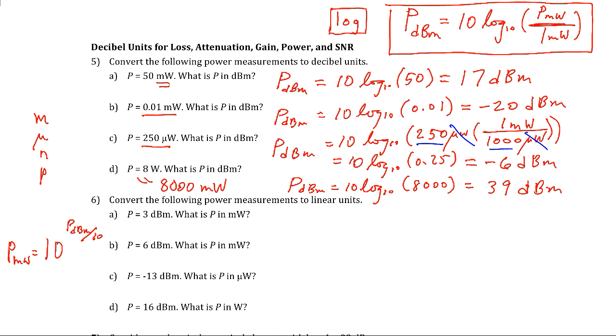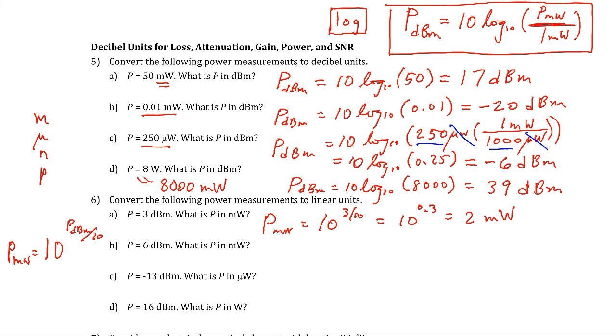So for 3 dBm, the power in milliwatts is 10 raised to the 3 over 10, or 10 to the 0.3 power. I type that on my calculator, 10, and I'm going to use the caret, 0.3 equals 1.99. I'm going to call this 2 milliwatts.